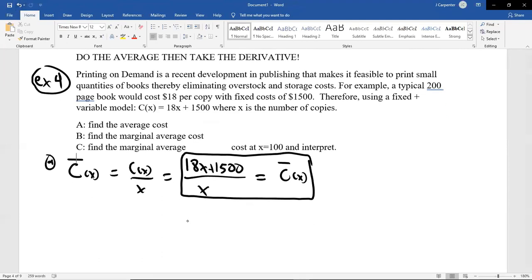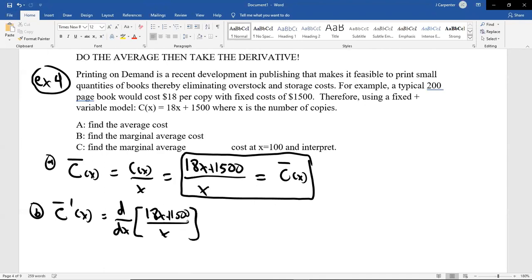All right, B, find the marginal average. So we're finding C bar prime now. We're taking what we just got and doing its derivative. So that's d/dx, I'll write out the fancy way, of (18x plus 1,500) over x. Now, since this is in the product and quotient rule section, you might think, okay, let me go ahead and do this with the product or quotient rule.